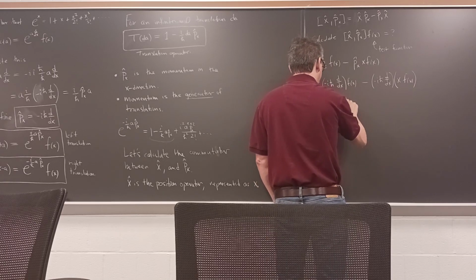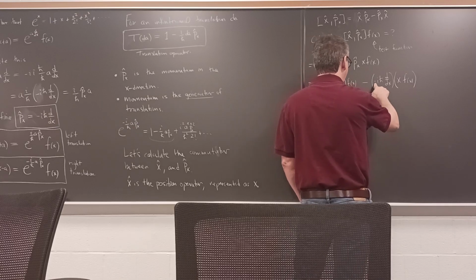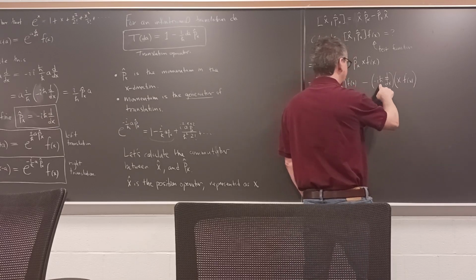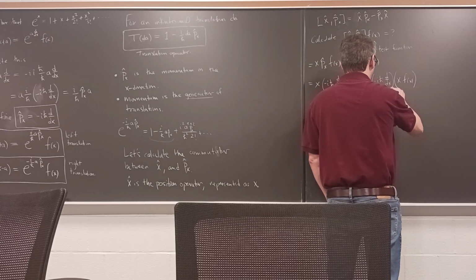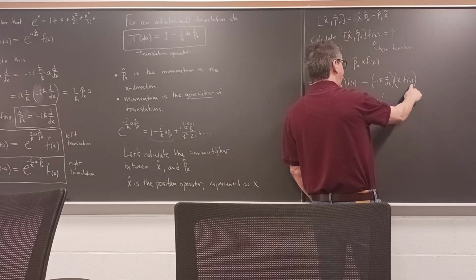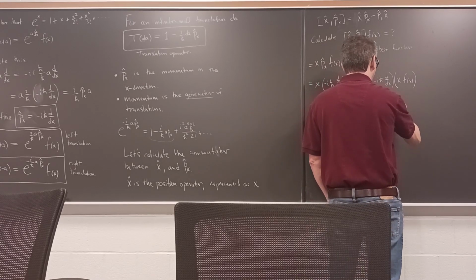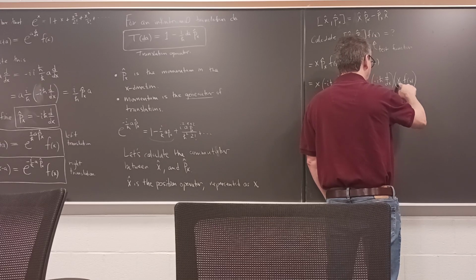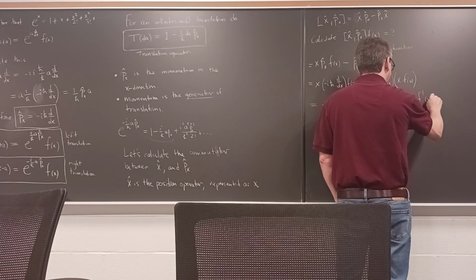So we'll have x f prime of x. And then here we'll have plus. This minus can come out here, i h bar. And then we'll have d by dx operating on the product. So the derivative, when it acts on x here, I'll just get f of x. And then plus x f prime of x.